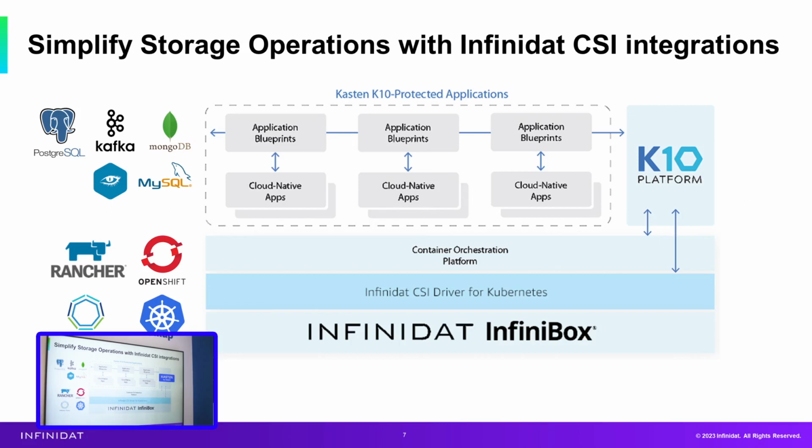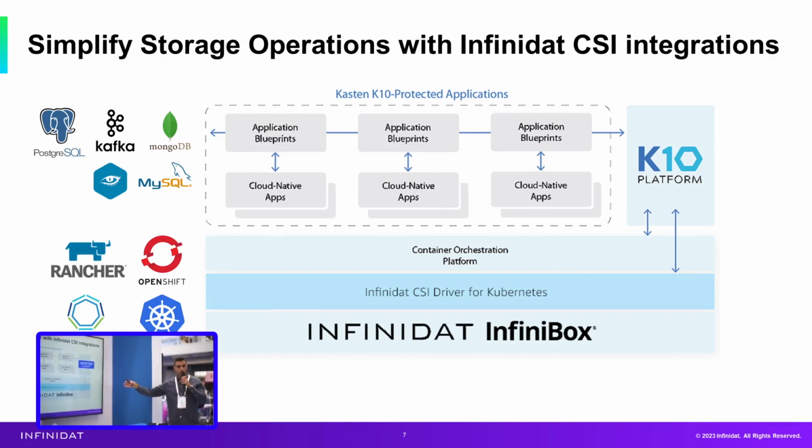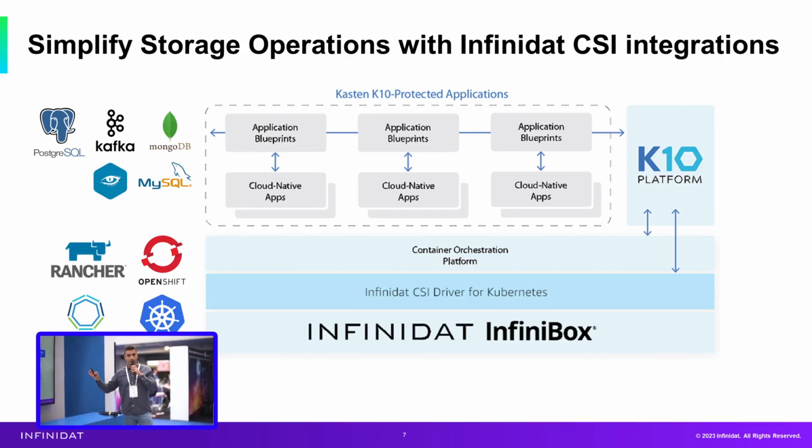The second is the connection between the API and the infrastructure, which is the InfiniBox CSI driver, for example. Then you have to create the persistent volume. And the third is a framework for applications, to be aware of the database.